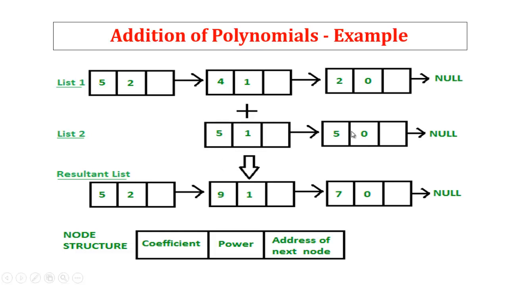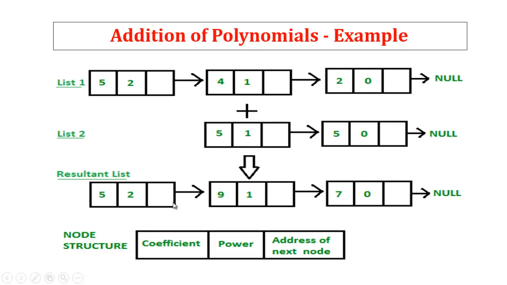And in the third node, both have power 0. We keep the exponent, and then add the coefficients of list 1 and list 2, 2 plus 5, 7.